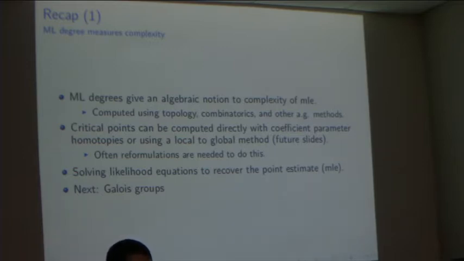That's a unique one? Yes, it'll be unique if the data are generic. But you cannot have different generic data giving you different maxima? All the generic data will all give you the same maxima? No. So they can give different maxima. Yes. That's right.